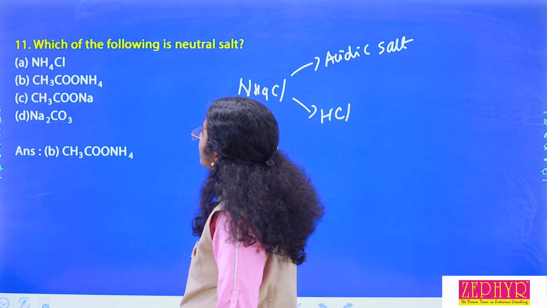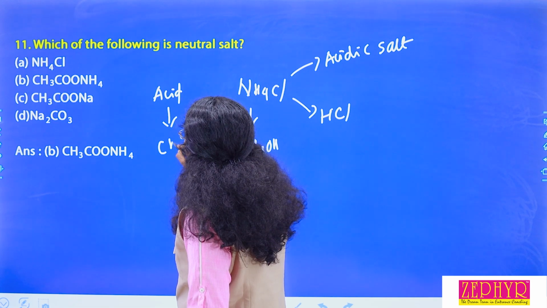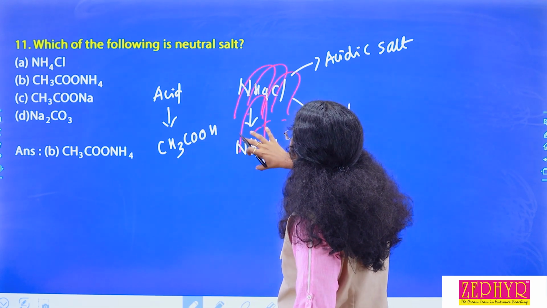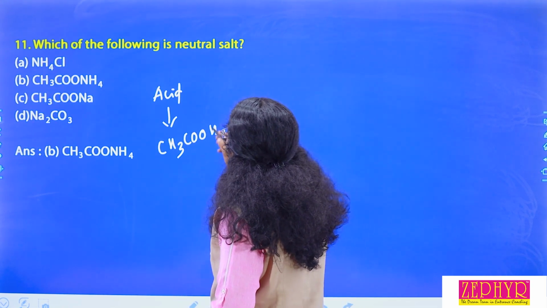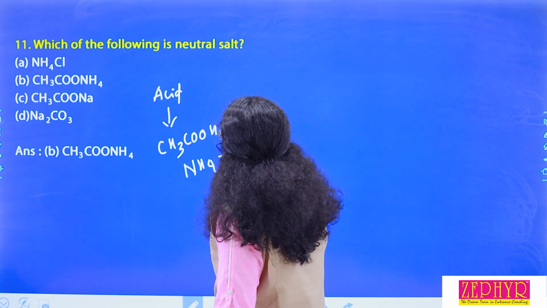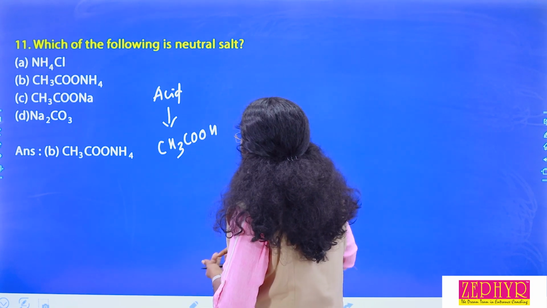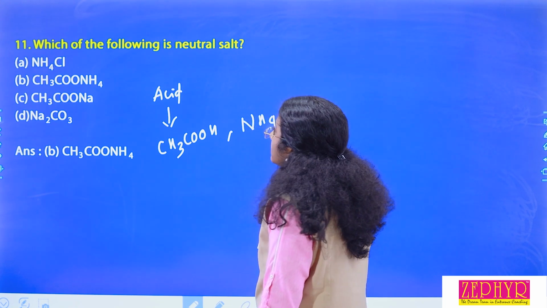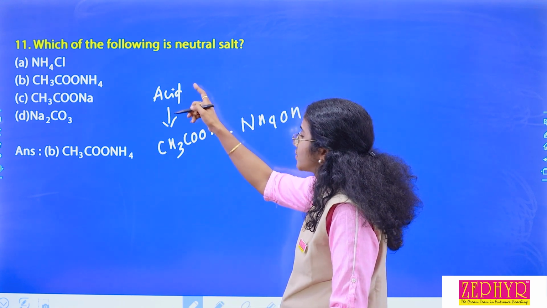What about CH3COONH4? The acid is CH3COOH and the base is ammonium hydroxide, NH4OH. Both are weak, so complete neutralization takes place. So that is a neutral salt.